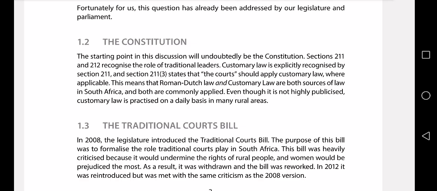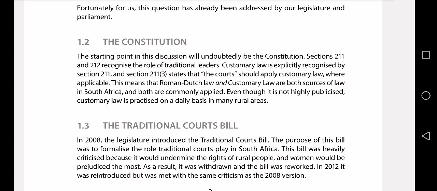The Constitution. The starting point in this discussion will undoubtedly be the Constitution. Sections 211 and 212 recognize the role of traditional leaders. Customary law is explicitly recognized by Section 211, and Section 211 subsection 3 states that the court should apply customary law where applicable.